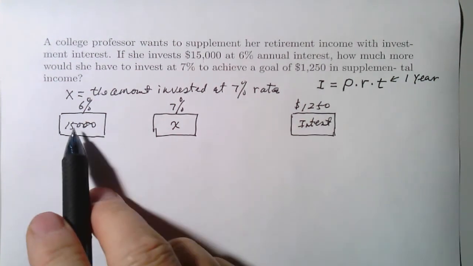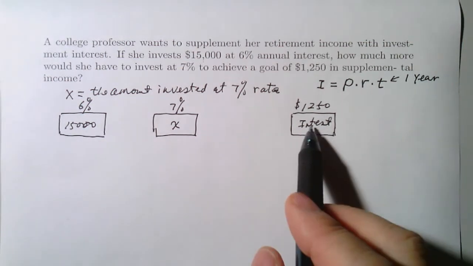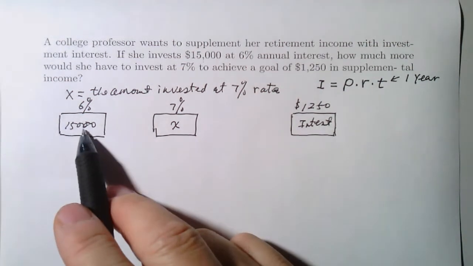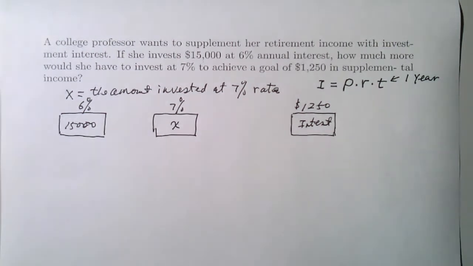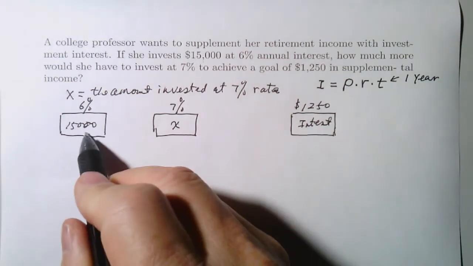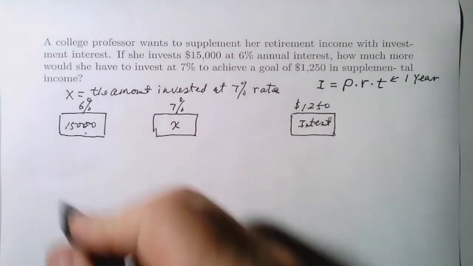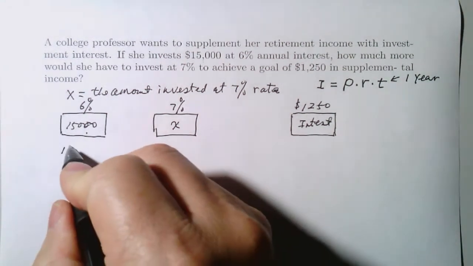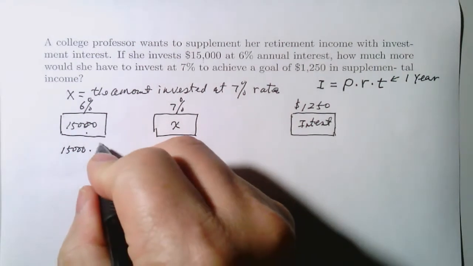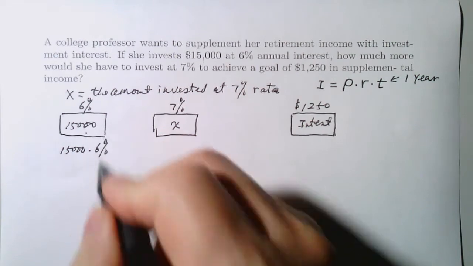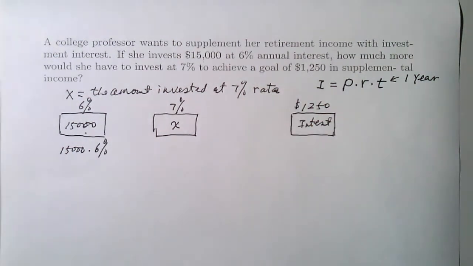So obviously the total interest equals the sum of the interest from these two accounts. From this account, the interest equals the principal, which is 15,000, times the interest rate, which is 6%, times 1. I don't need to write 1.